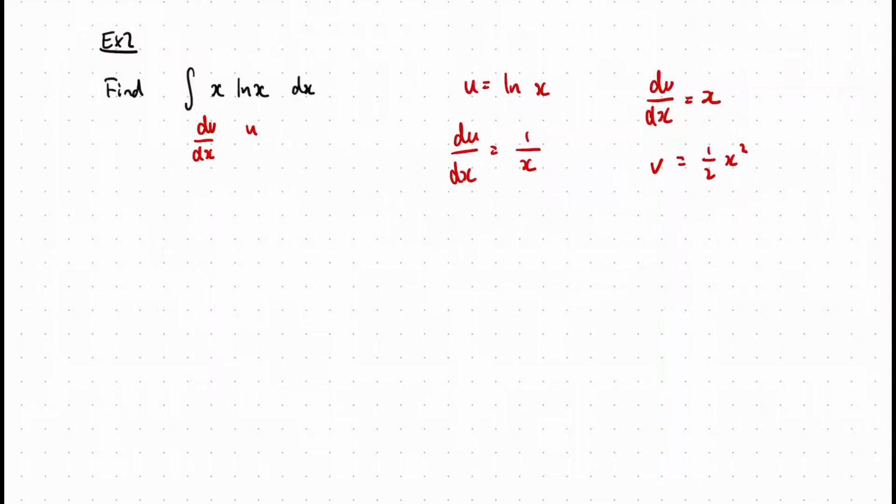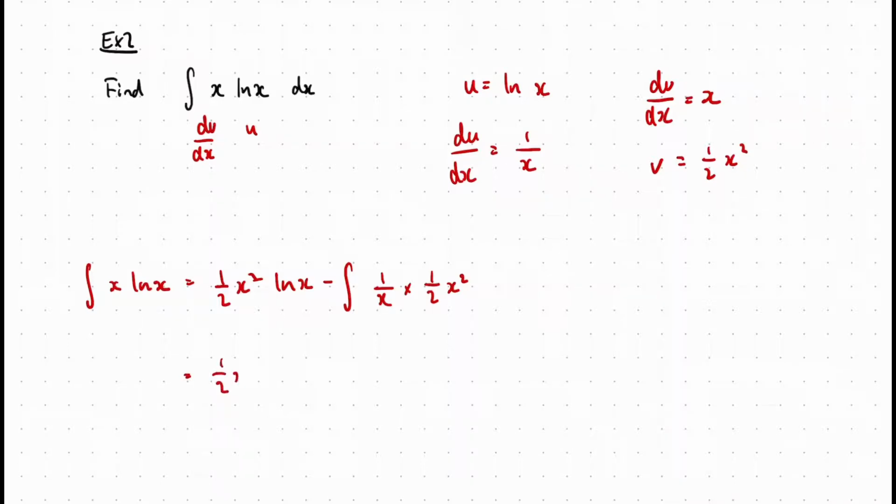Again, I'm going to use the by parts rule, so x log x is going to become uv, so that's going to become a half x squared log x minus the integral of v du dx, which is 1 over x times half x squared, which can be simplified.